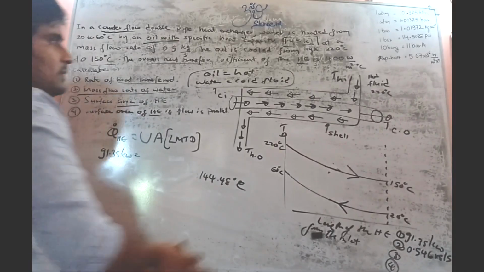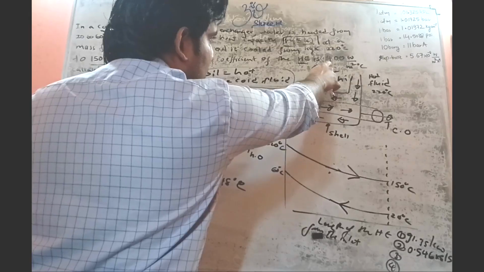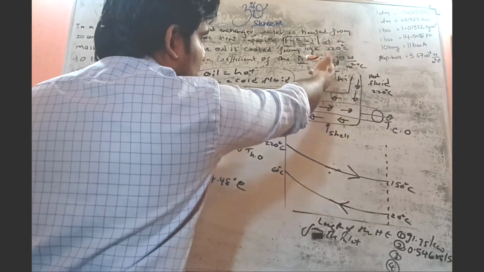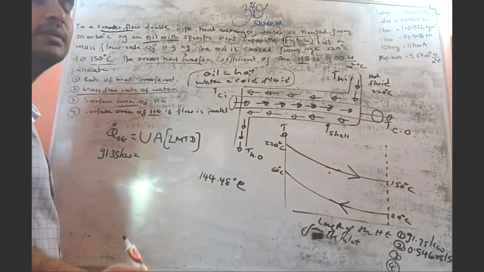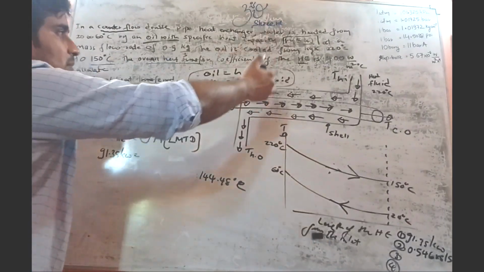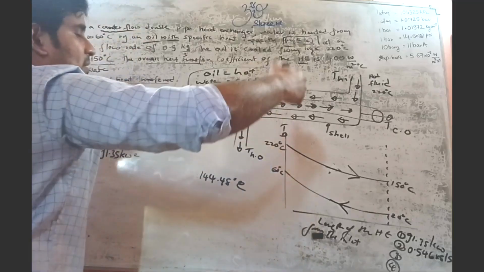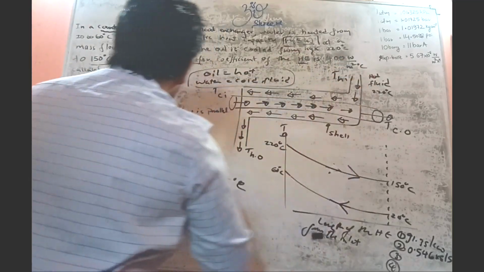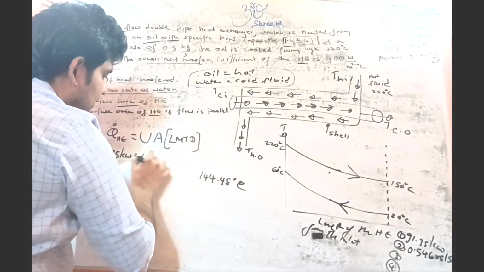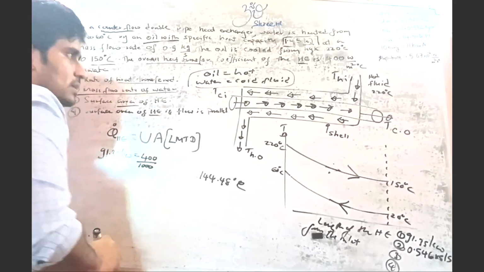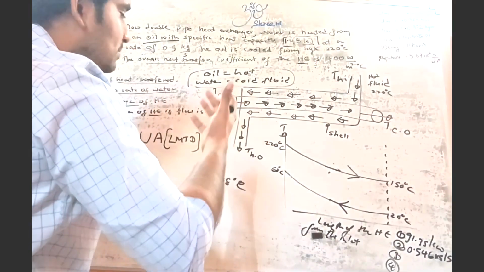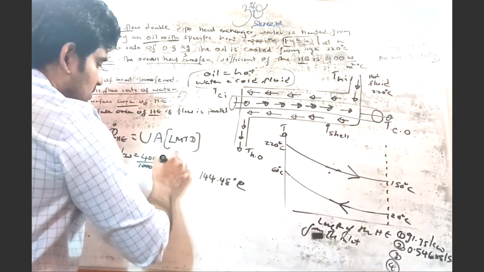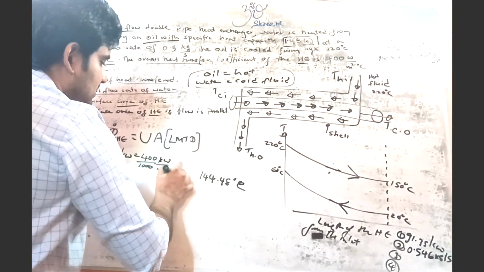What I will do is convert the value given in watts into kilowatts: 400 divided by 1000, so that will be kilowatts per meter square per degree Celsius. Is that clear?